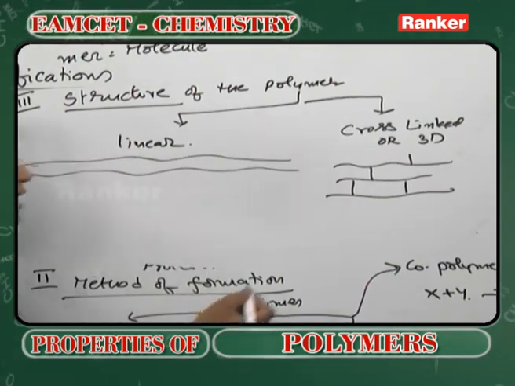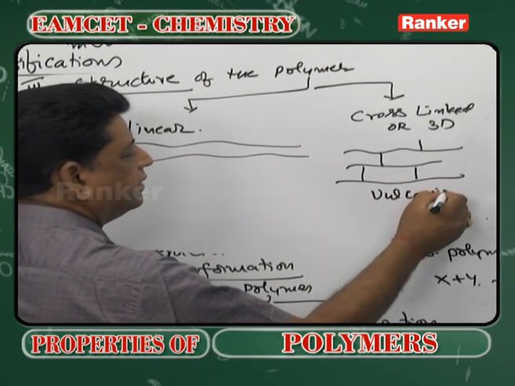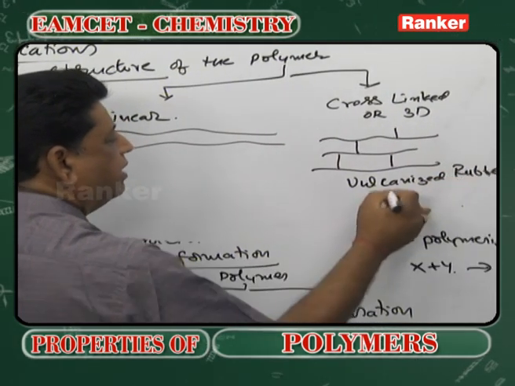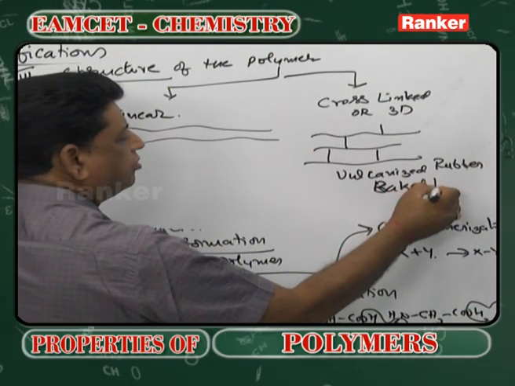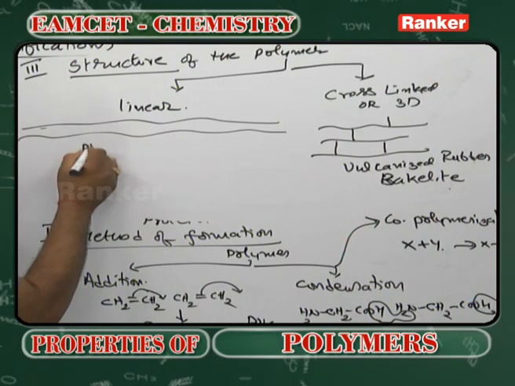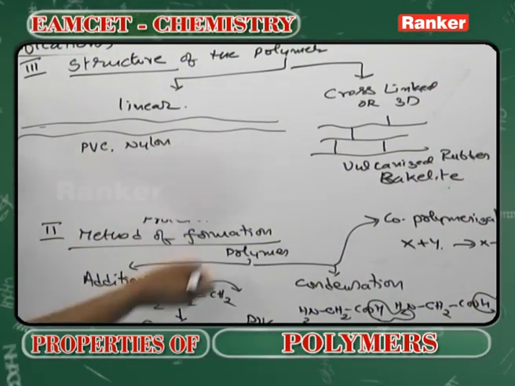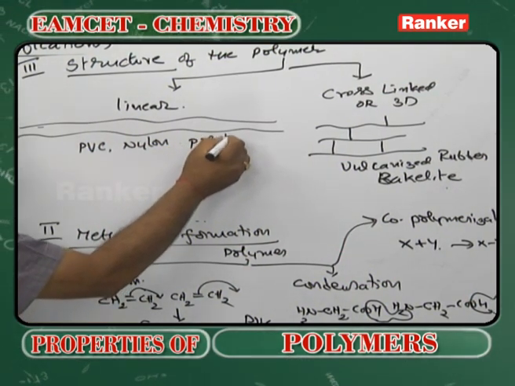It is in fact vulcanized rubber. Vulcanized rubber is an example for this category, and bakelite. Bakelite is also a polymer of this category. Linear polymers include polyvinyl chloride, nylon, and several molecules like polythene and so on.